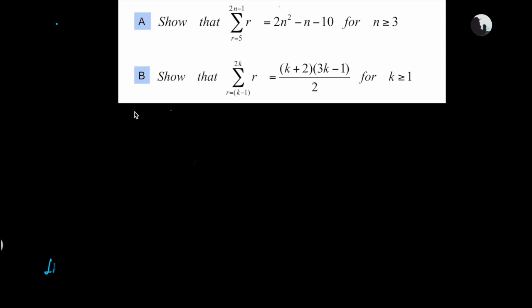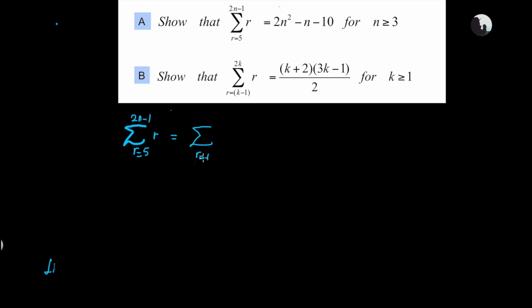Another approach, you can rewrite the sigma notation like this. So we have a sigma notation of 2n minus 1, starting at r equals 5 for these general terms. Remember, you can rewrite sigma notation into the form where you always start with r equals 1, so that you can easily identify what is the n for this particular sigma notation.